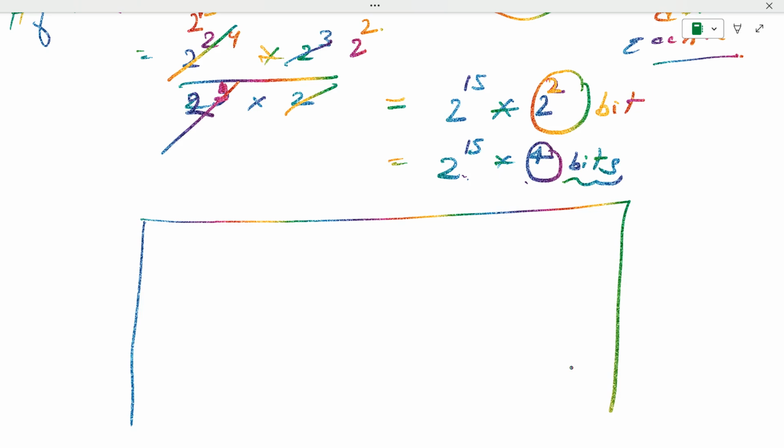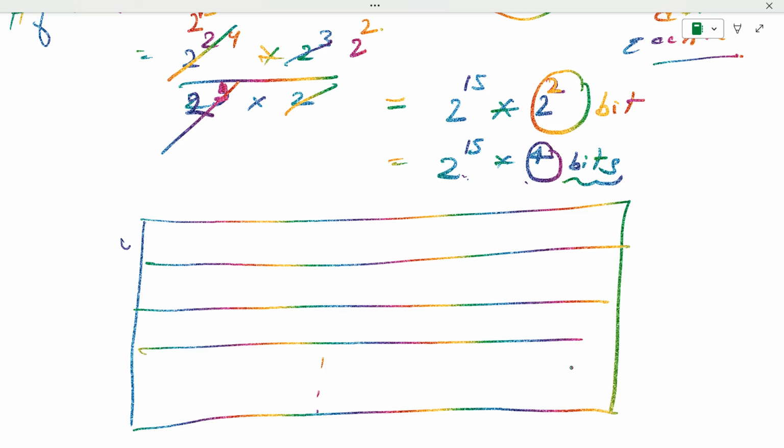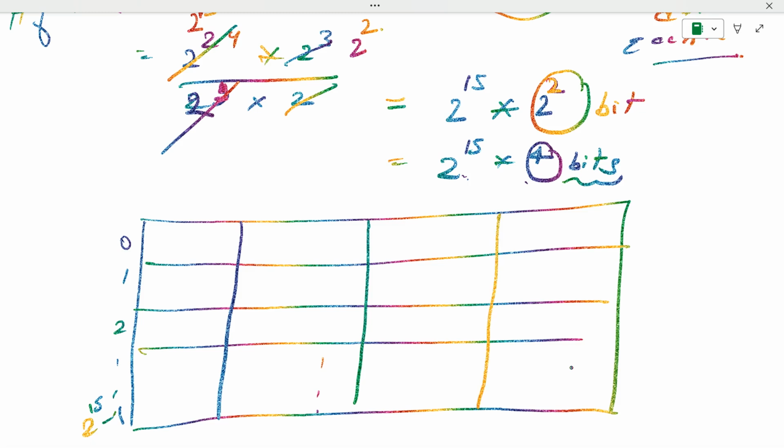So now we have this memory, and there are altogether 2 raised to the power 15 rows. So 0, 1, 2 and so on up to 2 raised to the power 15 minus 1, and each row will be having 4 bits of data, like 0, 1, 2, 3.